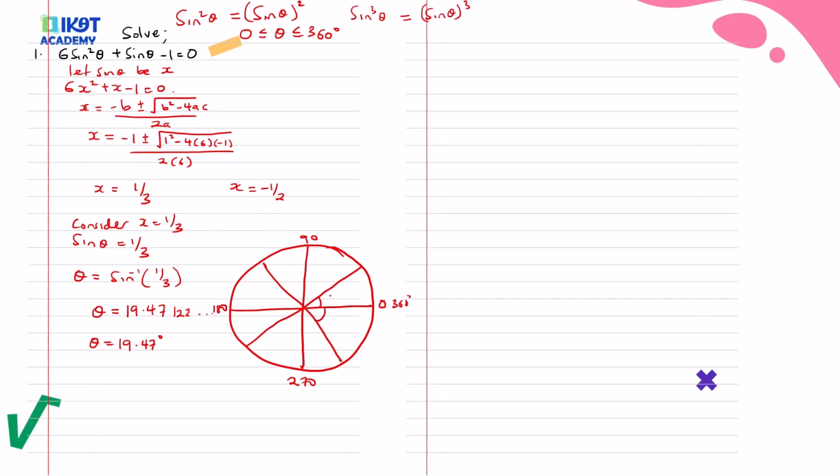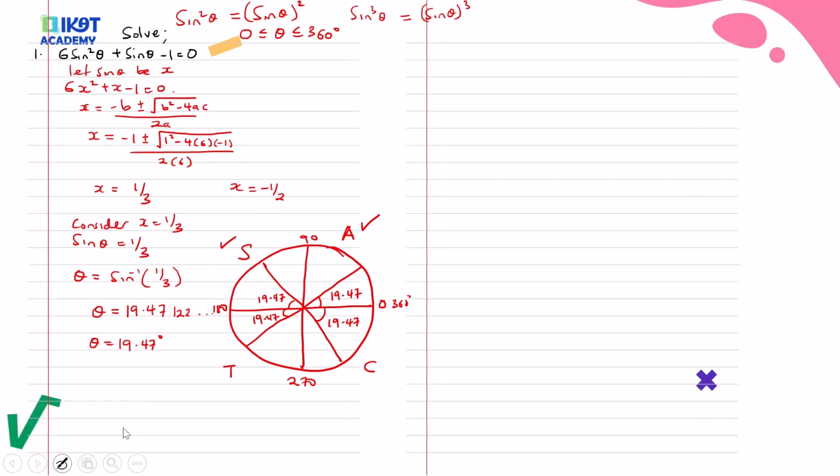Then here you can label this 19.47, even here 19.47 and 19.47. Then we say all students take chemistry. In our question, sine theta is positive. So we look for the quadrants where sine theta is positive. Here all are positive, including sine theta, and here sine is positive. So these are the two quadrants we need.